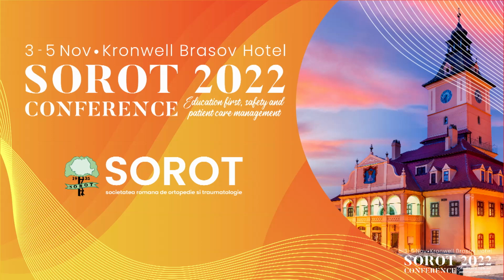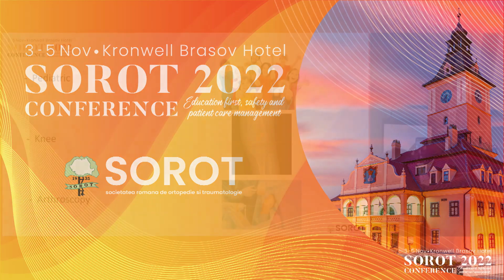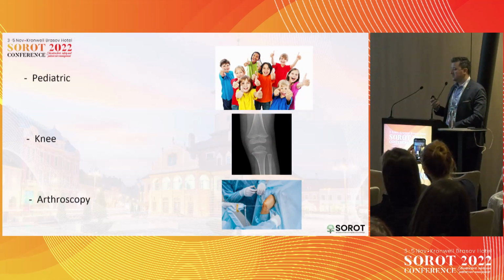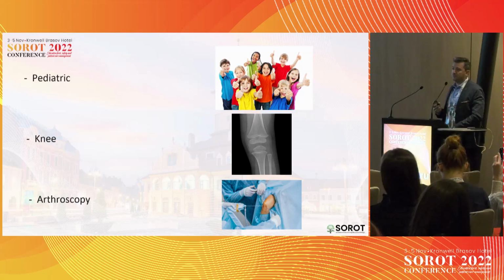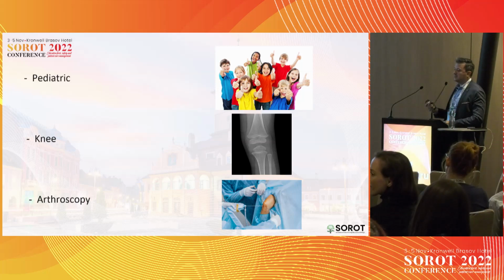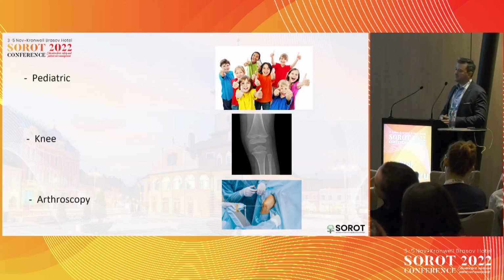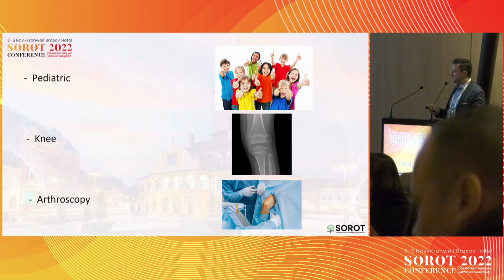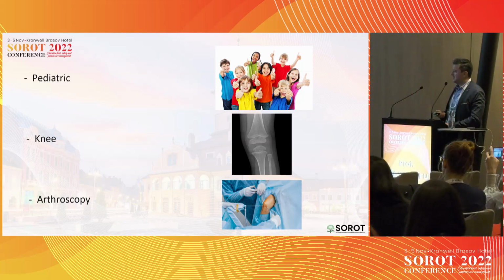So pediatric: we have a specific group in the population that are really active, heavily involved in sports, with unfortunately a poor compliance to medical treatment, and again they are coupled with the parents. So always when we're talking about pediatric, we have to talk about parents and the persons that are with them all the time.